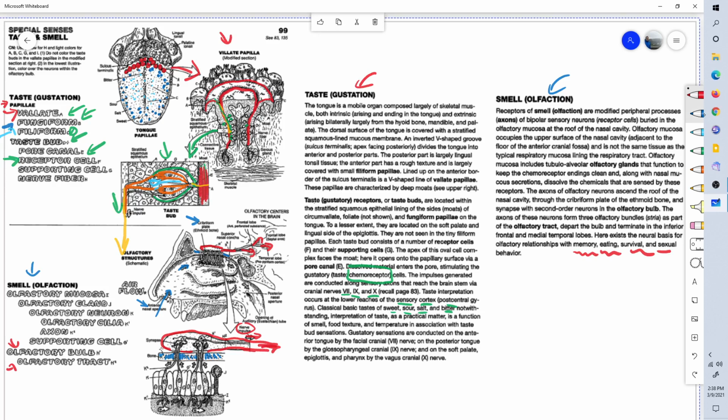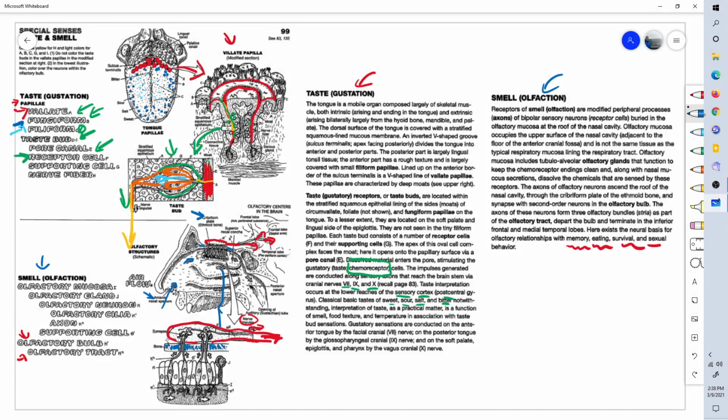The olfactory area is exploded in this view right here. And here you can see the different parts of the olfactory system, the system of smell.